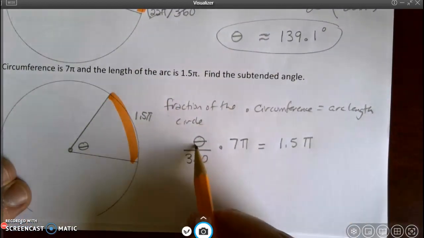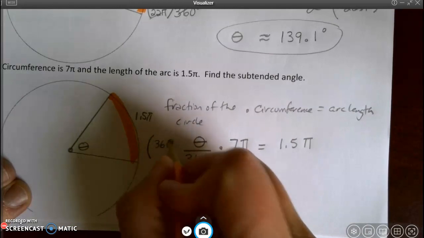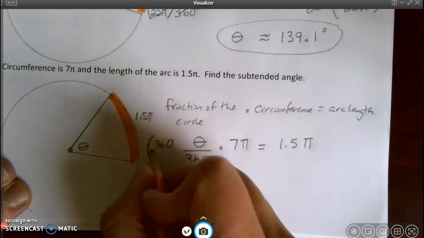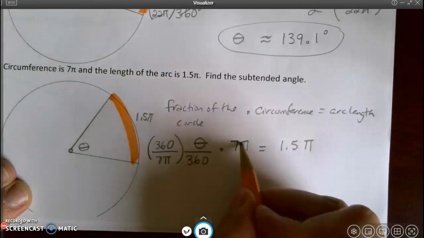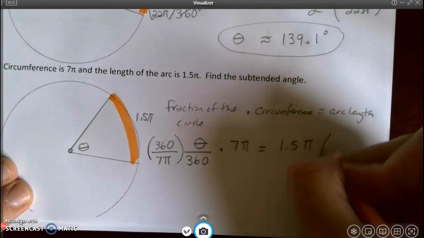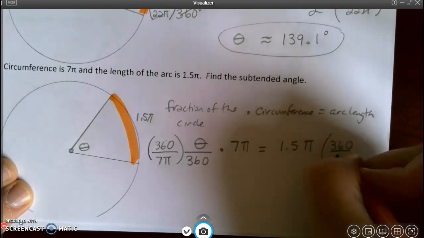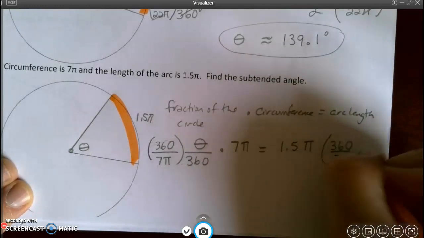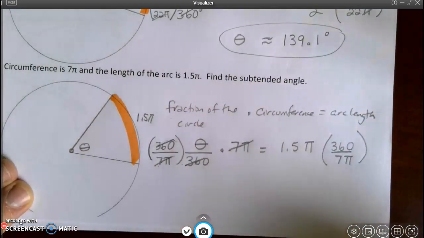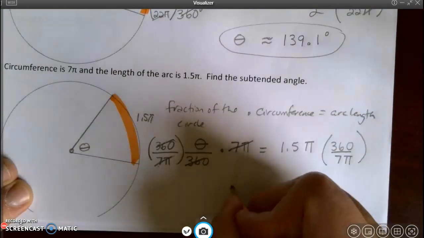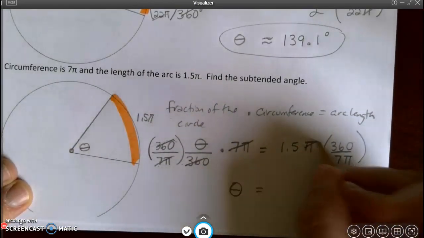Again, I'm trying to solve for theta, so I need to do the 360 in the numerator to get those to cancel, and the 7 pi in the denominator to get the 7 pi's to cancel. And that means I have to do the same thing on the other side. 360 divided by 7 pi. The 360s and the 7 pi's cancel, and I get that theta equals, the pi's cancel.